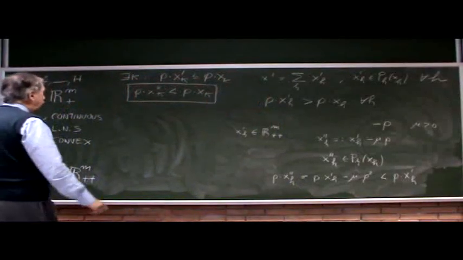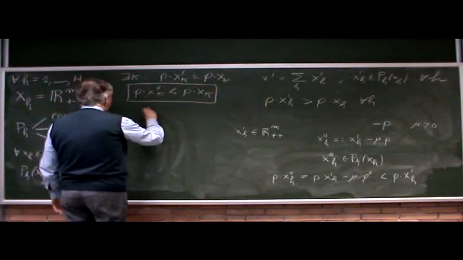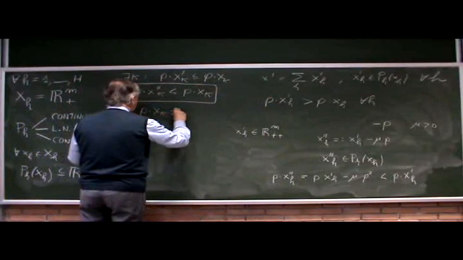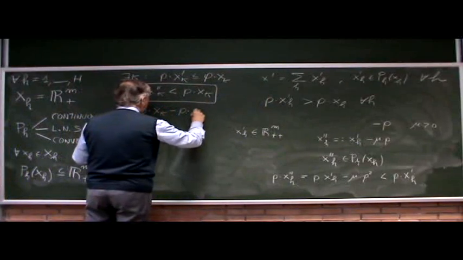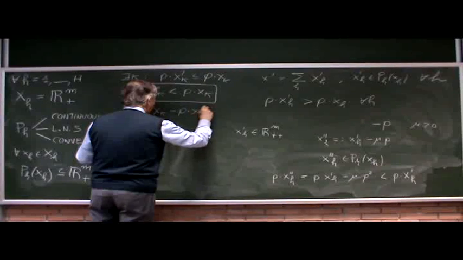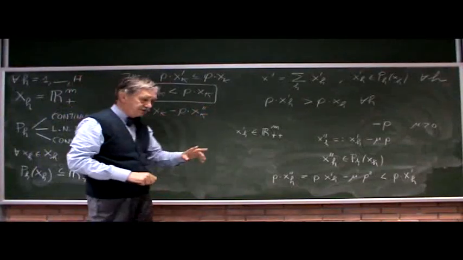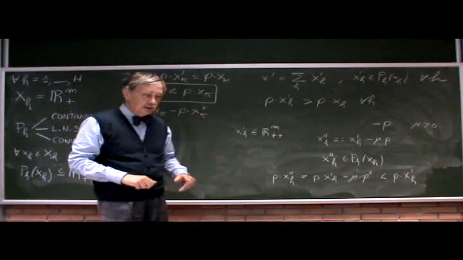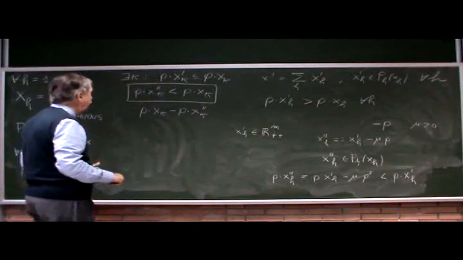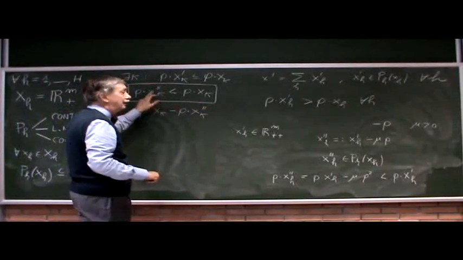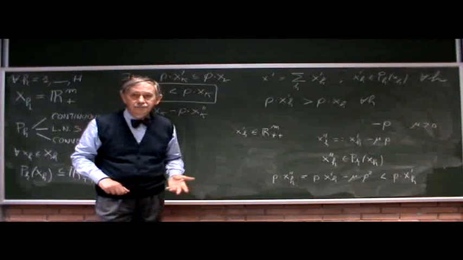There is a saving. The saving can be written this way: p times xk minus p times x double prime k. This is the sum you are saving for the k subject, but however, in the end you obtain a bundle which is preferred to xk. This is a fundamental point.